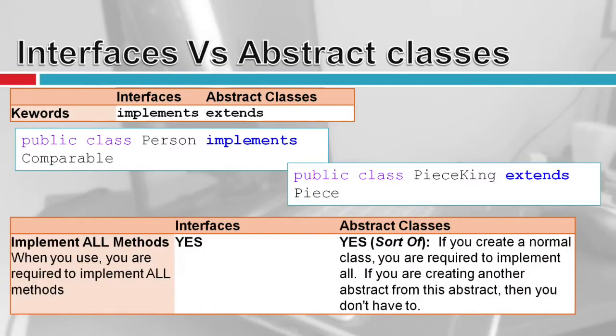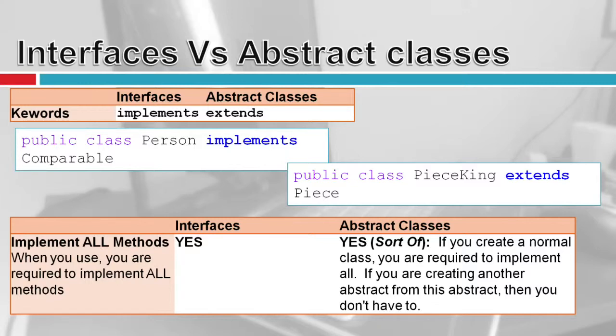When you implement all methods, you are required to implement all methods. So if you're inheriting from an interface, you have to implement all the functions, like that move function we talked about in vehicle. I had to fulfill the contract and call move. The same thing is true with abstract classes.